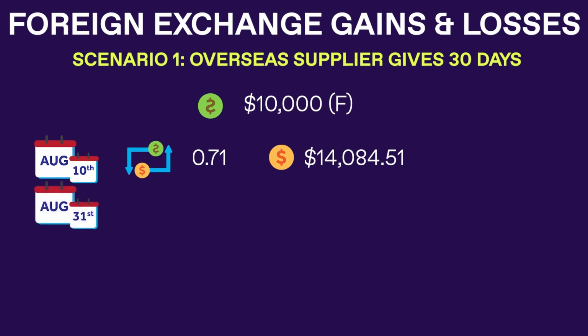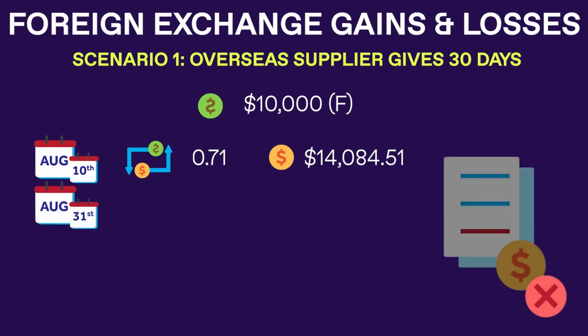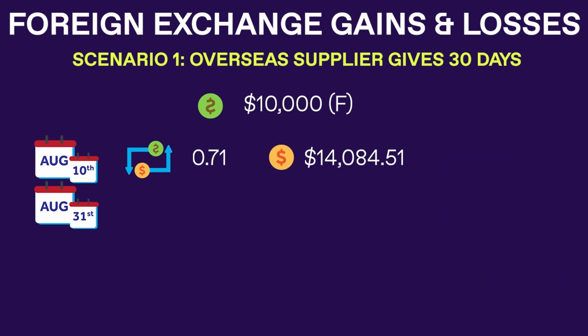Then what happens at the end of the month when the invoice is still outstanding, so we'll say the 31st of August, the foreign currency value is still $10,000. But let's say the foreign exchange rate has gone down, so our dollar is less valuable than what it was 20 days before, and it goes down to $0.69.